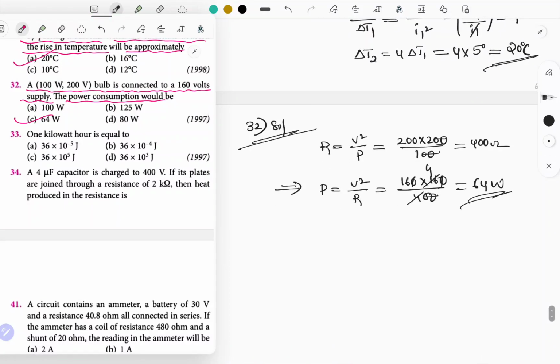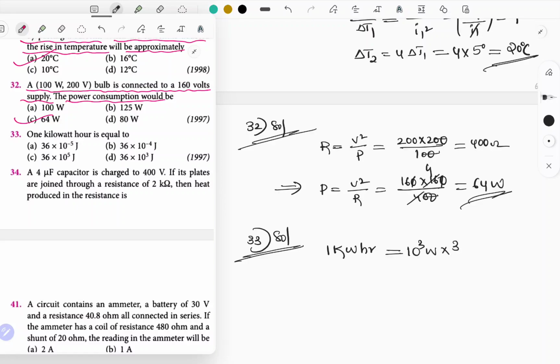Next, 1 kilowatt hour is equal to how many joules? Okay, so for 33 solution, 1 kilowatt hour, which is equal to 1 kilo is equal to 10 power 3, it's 10 power 3 watt into hour.